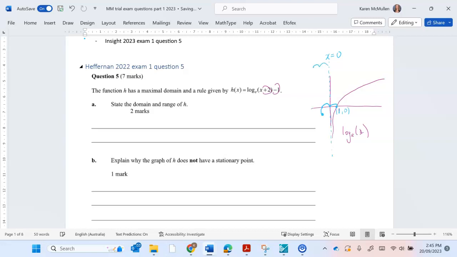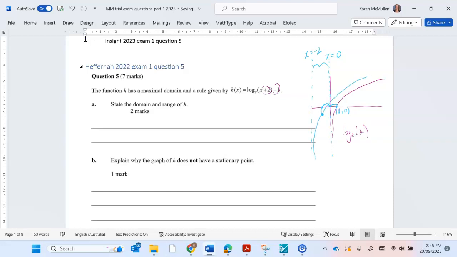So you can go 1, 2. And now your asymptote is at x equals negative 2. So if we were sketching it, just trying to think where it would go through the x-axis. You can work that out, but we're just looking at the domain and range. So it's basically going to keep going like that.